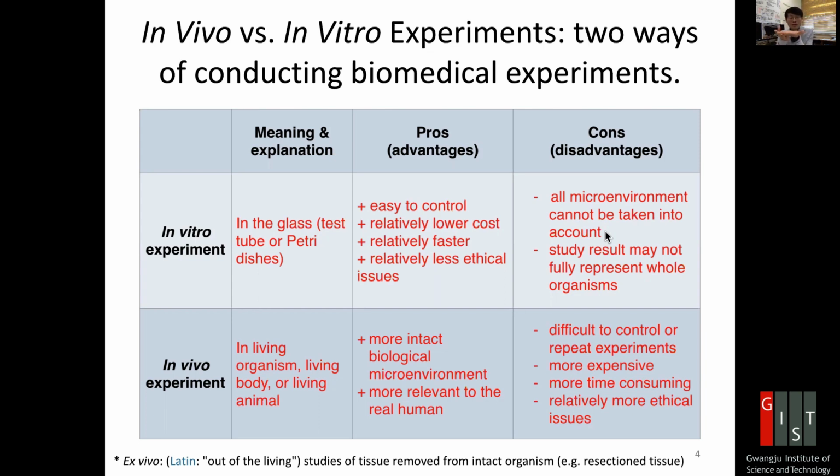However, in an in vitro system, there's already plenty of oxygen and you don't even need to consider blood vessels. So if you want to study this part, it's not easy to study with an in vitro experiment. And also, this controlled environment makes it easy to draw conclusions, but the study results may not fully represent what's really happening in the whole organism.